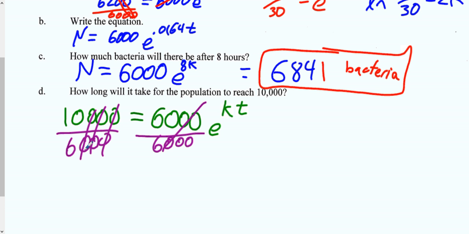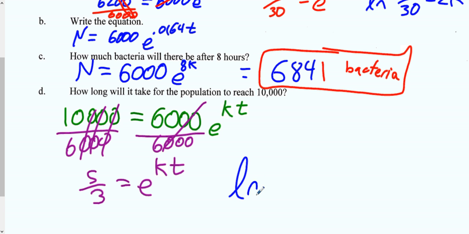So 10 over 6 reduces to 5/3. Since the variable T is up in the exponent, we're going to log it to chop it down. So change it to natural log of 5/3 equals KT.